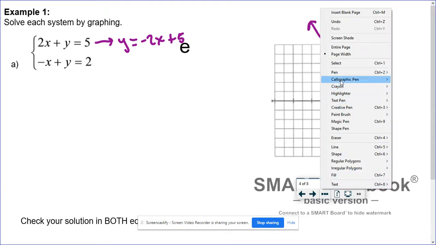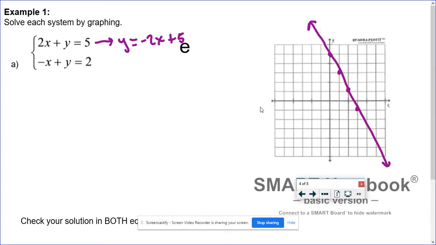Just going to pick a different color for this line. So I'm going to add x to both sides. And I get y is equal to x plus 2, meaning y-intercept's at 2, and the slope's 1. So that's up 1, right 1.